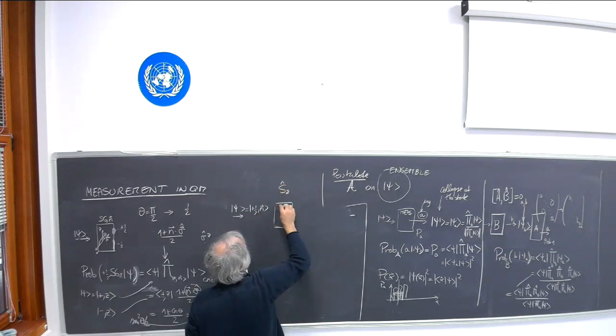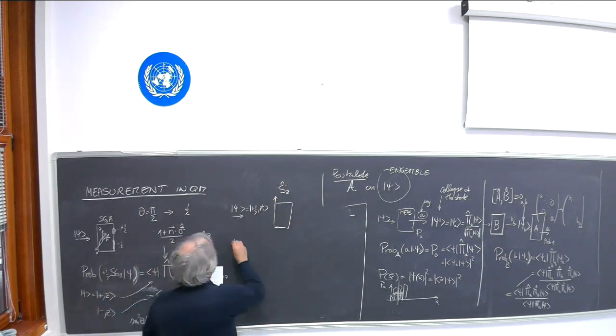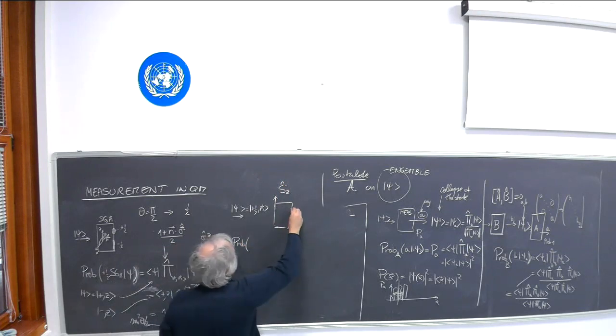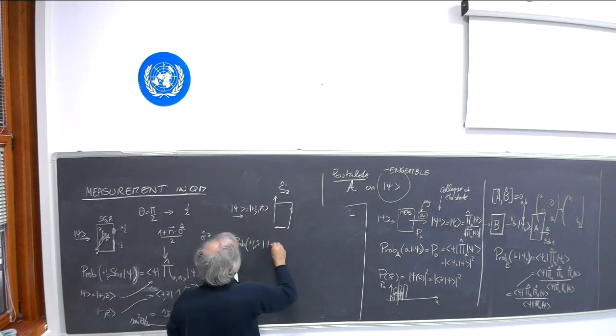So the second filter is in fact along z. And I can ask you what is the probability that with the second filter here, for instance, I measure +1/2 along z, given that the state was the +1/2 n.